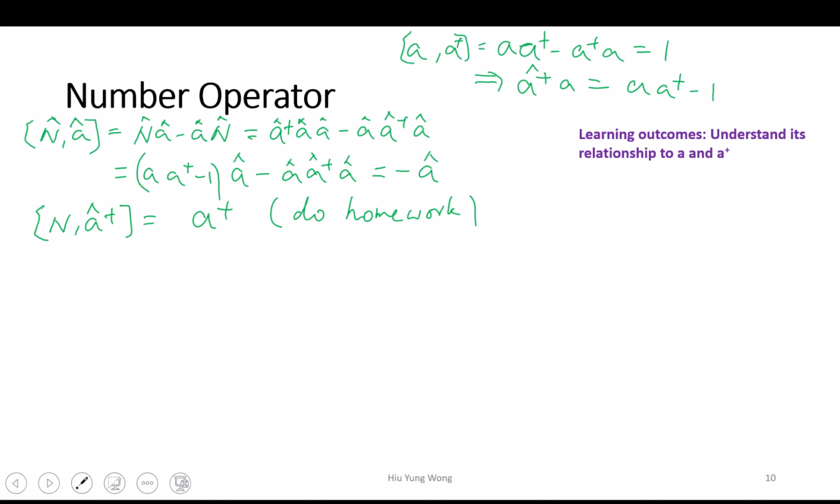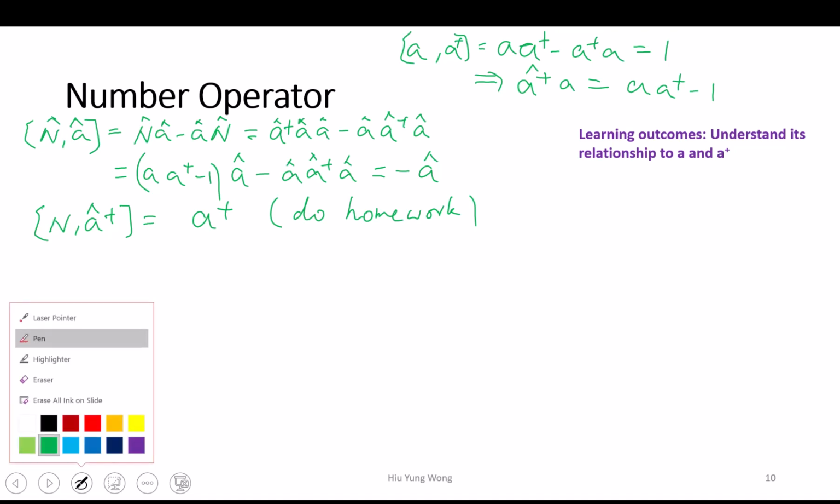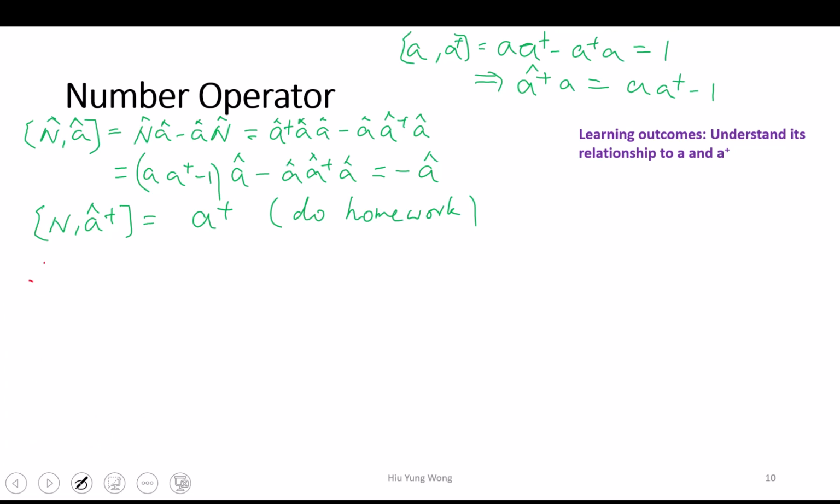Okay. Now, why do we want to do this? We have this basic equation. Now, I want to ask you, if I put the n operator in front of A dagger n, what does it mean?